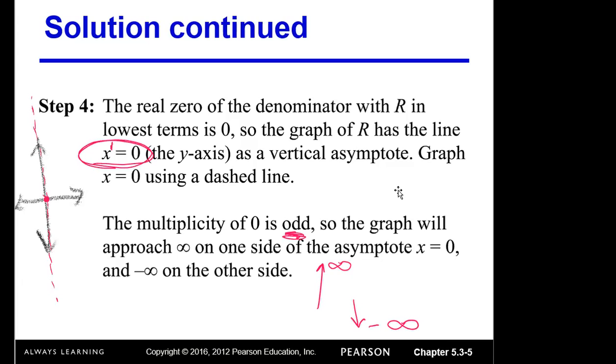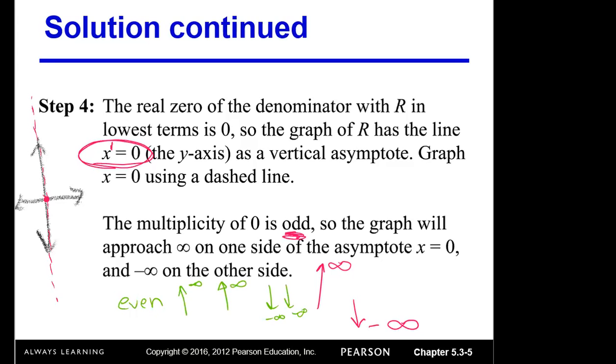If it's even, then both ends are going to be going up. So on both sides, they'll be approaching infinity, or both ends will be going down, which means on both sides of the asymptote, they'll be approaching negative infinity.